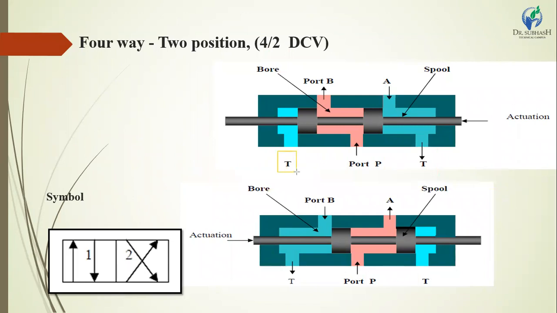Here T and T we have to consider the same. Both ports are connected directly to the return hydraulic tank. These are not individual, but T and T are a common port, so you have to consider them as a single one. In the first position, the oil passes from port P, then passes through the direction control valve and exits to port B. We have to mention this direction.